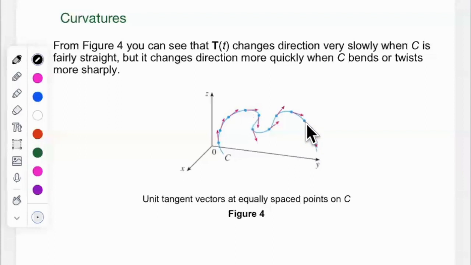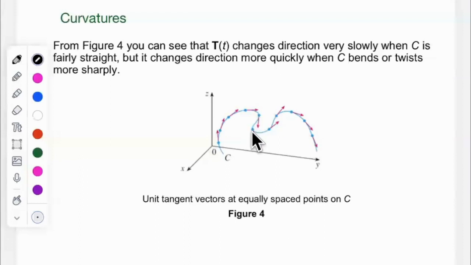So the more straight the curve, the more slowly the unit tangent vector is going to change.